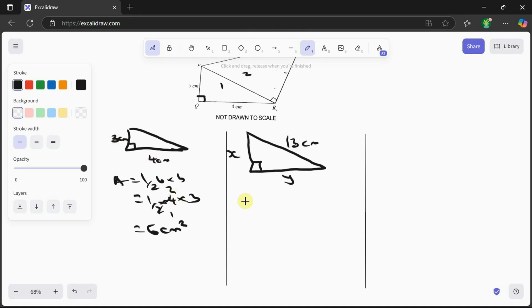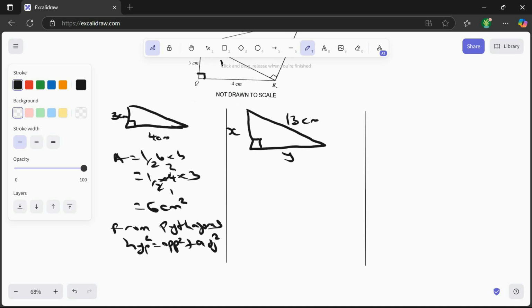You can see from figure 1, the hypotenuse squared is equal to the opposite squared plus the adjacent squared. Let me put it under figure 1 so that it doesn't confuse anything. So from Pythagoras, we know that the hypotenuse squared is equal to the opposite squared plus the adjacent squared.